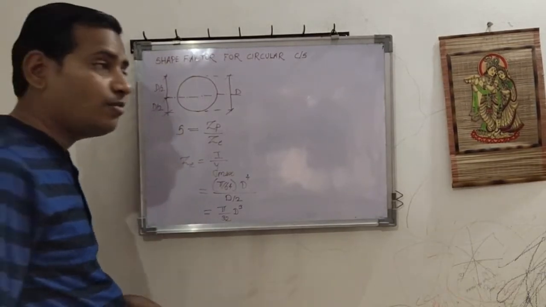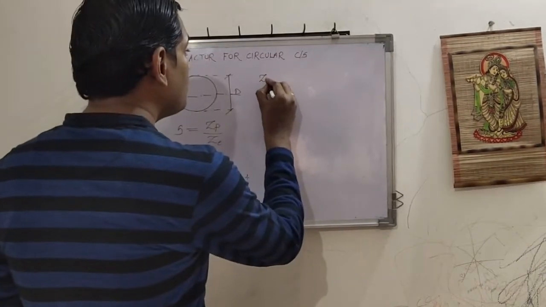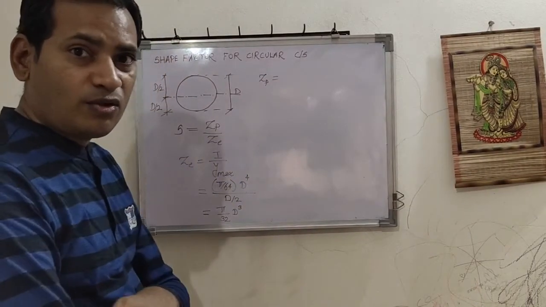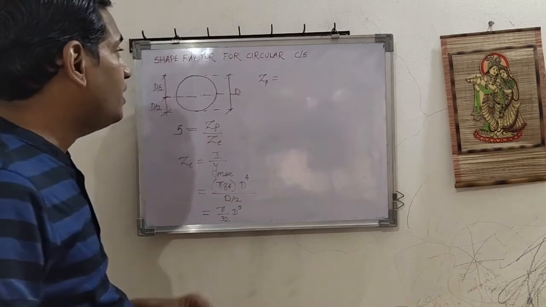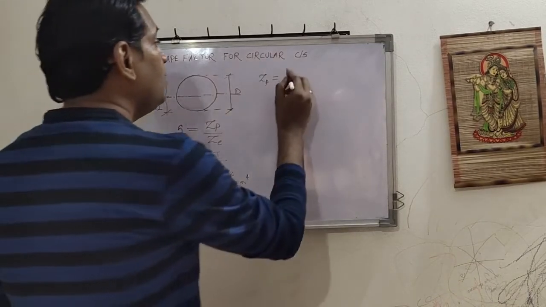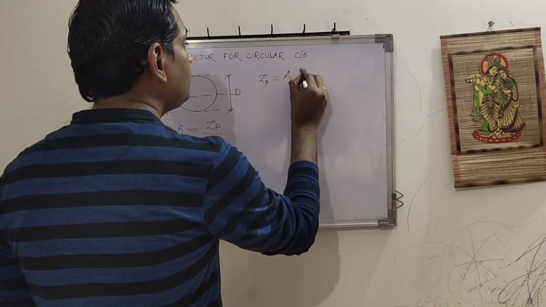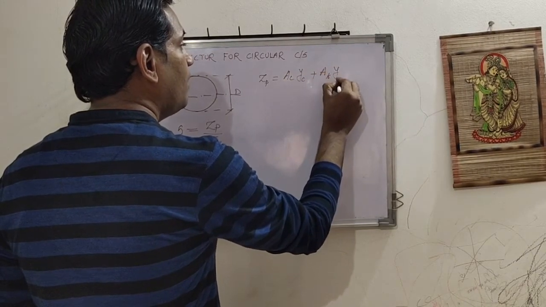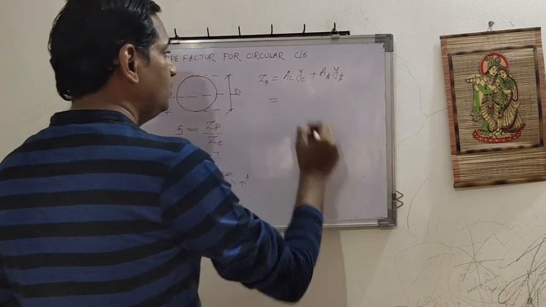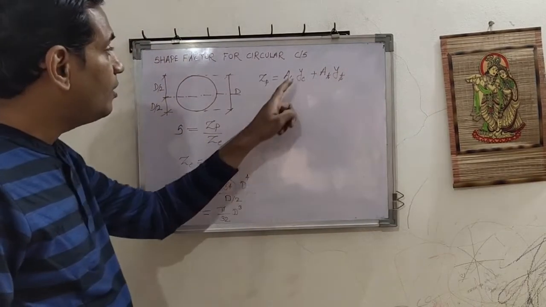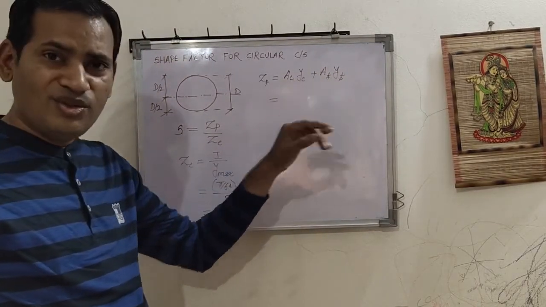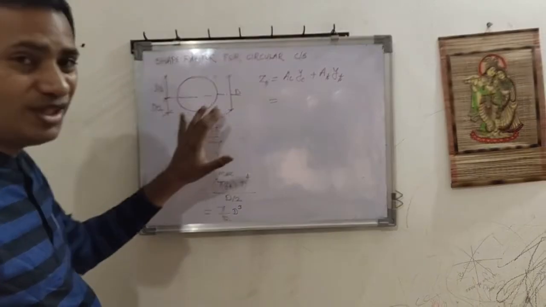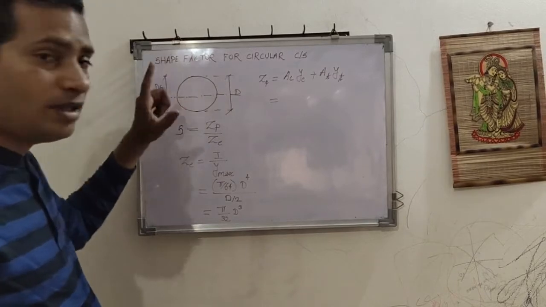Now the plastic section modulus. Again you recall yesterday's question of rectangular cross section. In that we said that ZP is AC into YC plus AT into YT. Again, the area in the compression zone and the area in the tension zone are equal, each half of the complete circular area. What is the area of one circle?